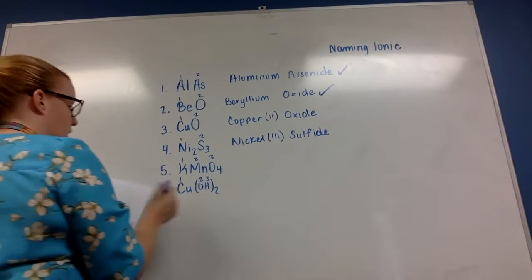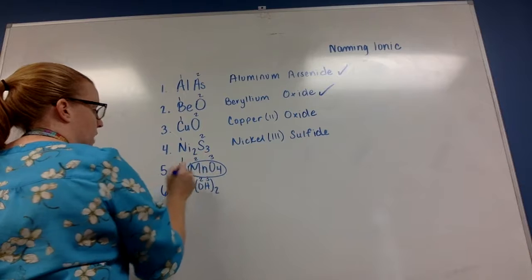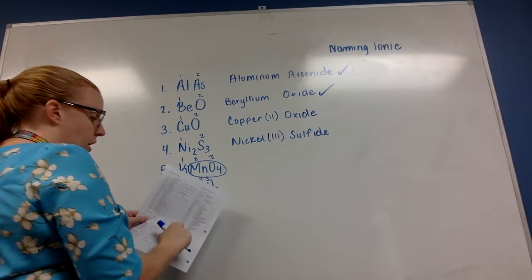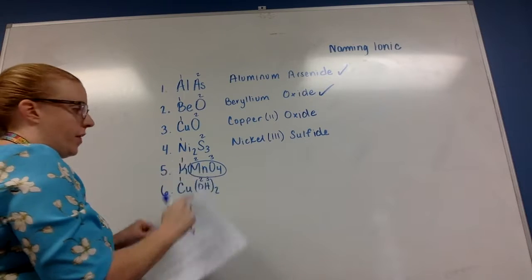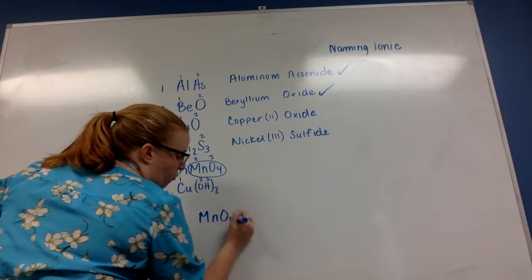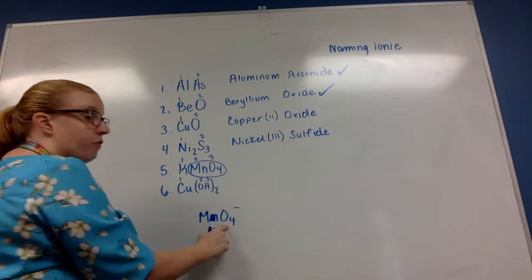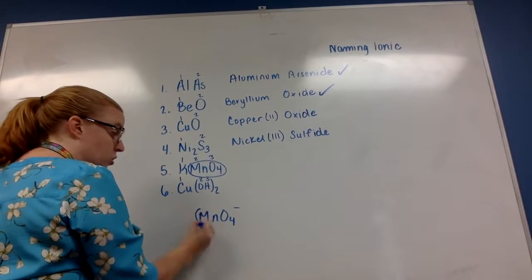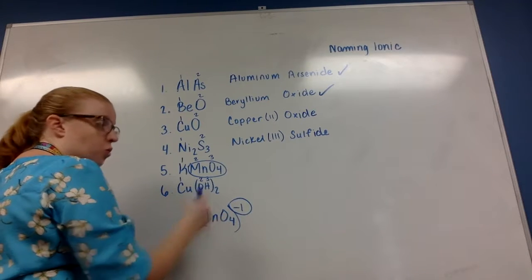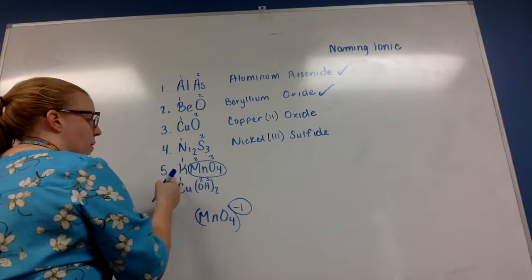MnO4 is permanganate, and it's under the -1 charge. The way it's written is MnO4 minus. The 4 is a subscript. This is the unit. This is the charge. So there's a 1 minus charge.